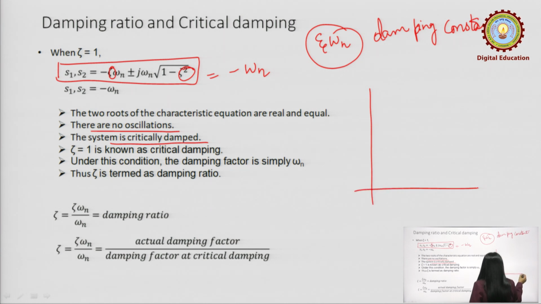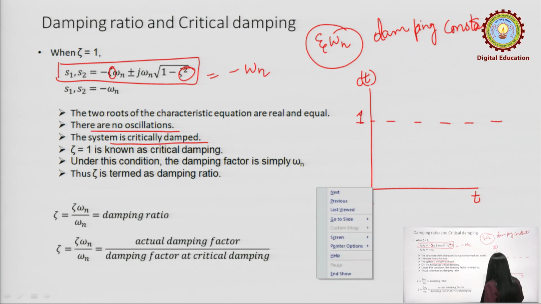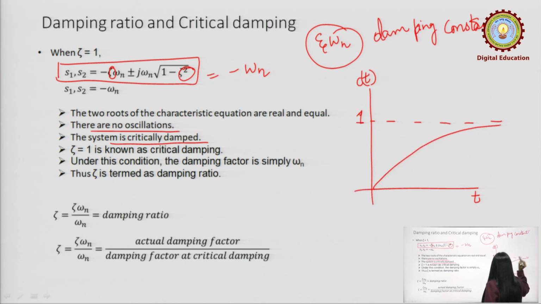Here, if this is our time t and this is c of t, and this is the step input, as we are talking about the time response when subjected to a unit step input, we have only the real roots, that is, the response of the system moves to the final value without any oscillations.